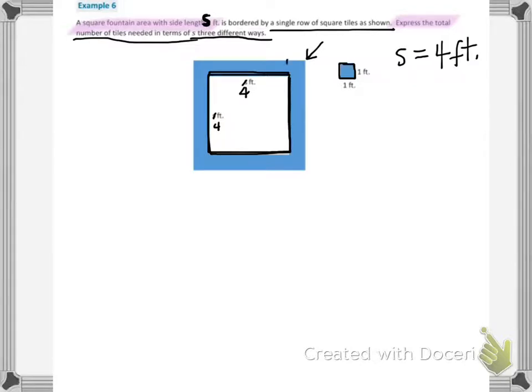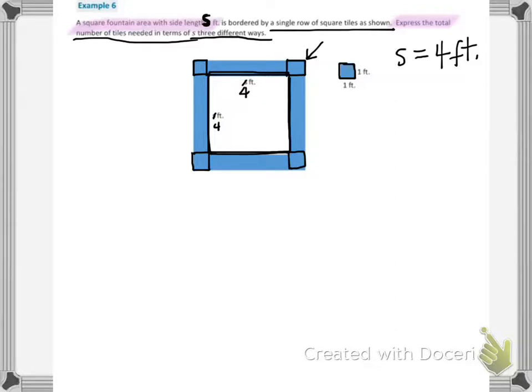So this little area here is 1 by 1. We know this corner here, 1 by 1. This is 1 by 1. This is 1 by 1. We know that already. So we have those 4 tiles we need for the corners.